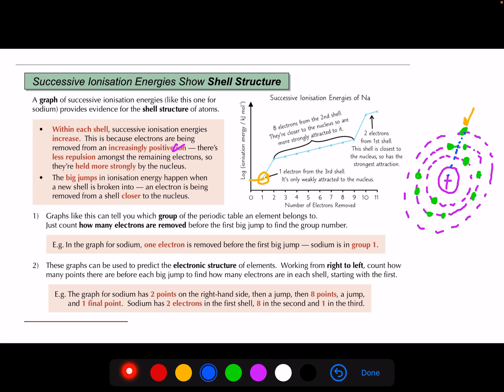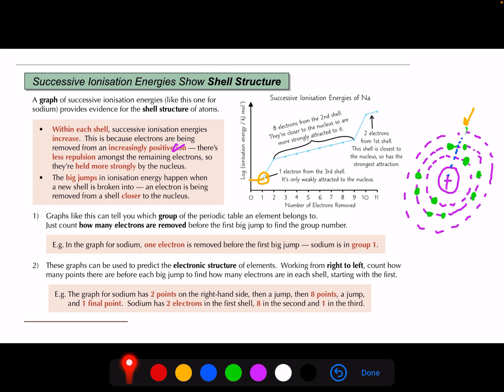Also, guys, when this electron is removed, you're starting to remove the second electron from an increasingly positive ion.